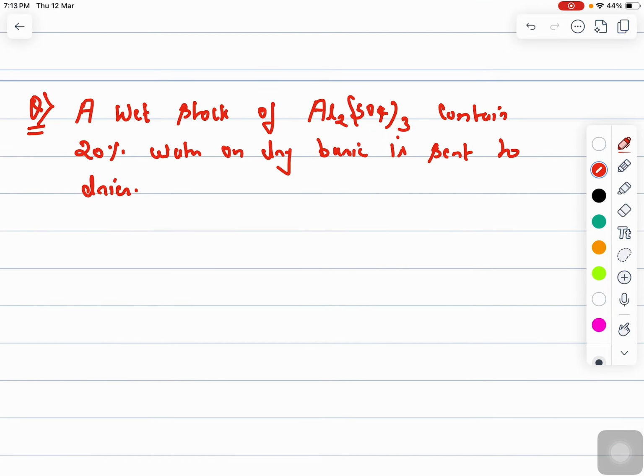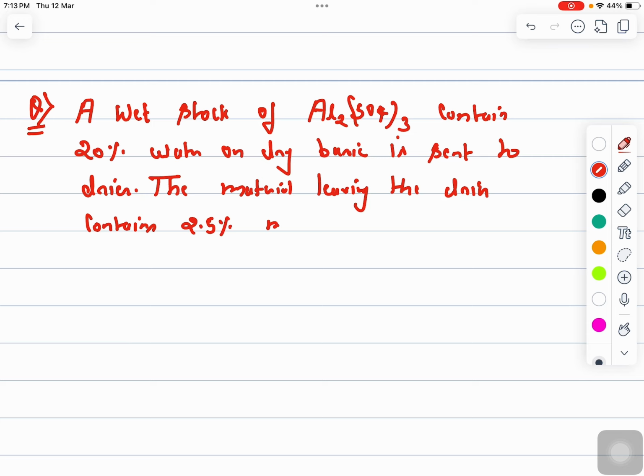The material leaving the dryer contains 2.5% moisture on dry basis.